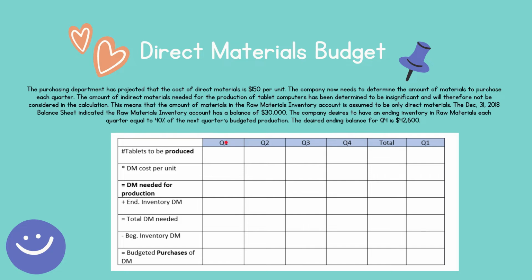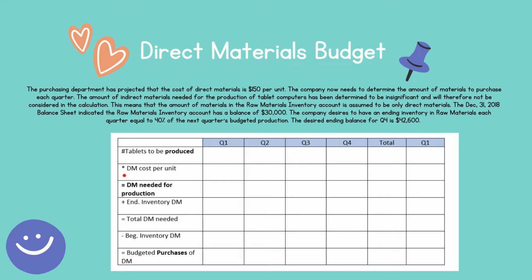So as you can see, we have quarter 1, quarter 2, quarter 3, quarter 4, total for the year, and quarter 1 for 2020. The direct materials budget depends on the production budget. We're gonna start with the number of tablets to be produced, which we get from the production budget.